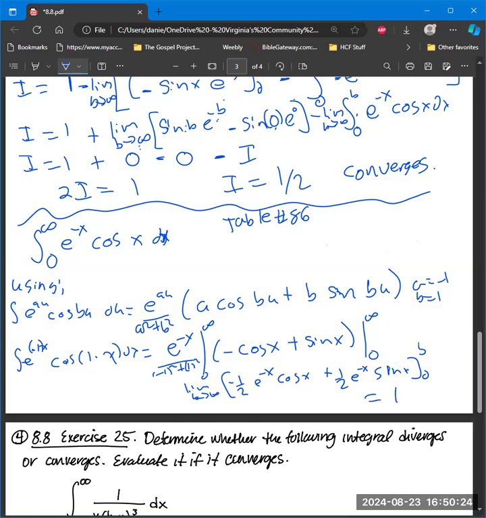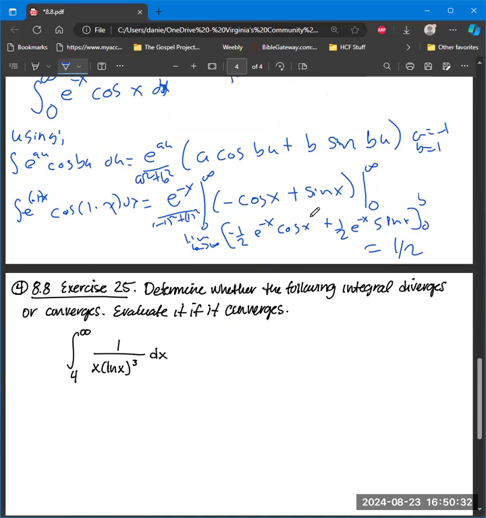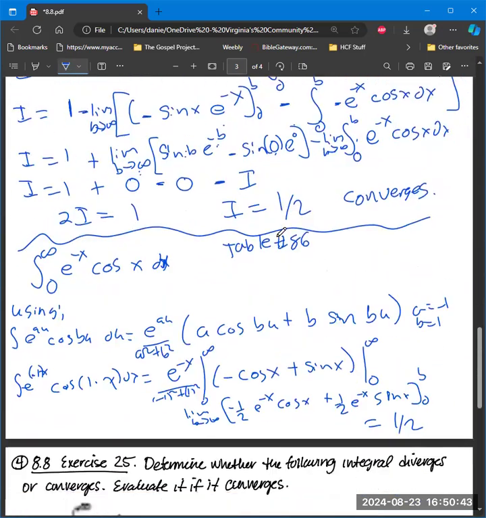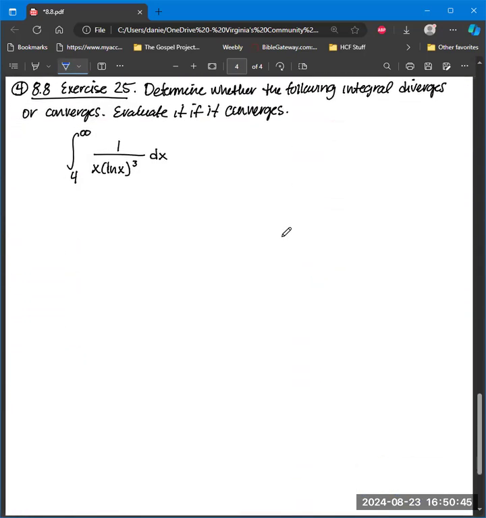You're going to get this is equal to 1/2, and the text is going to use this tabular method, looking up things in integration tables. Moving forward, it'll just evaluate difficult things like that. It's not going to use integration by parts like this every time. Just look it up in the table.